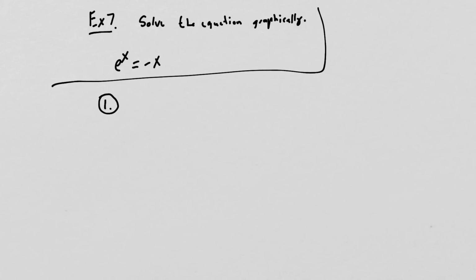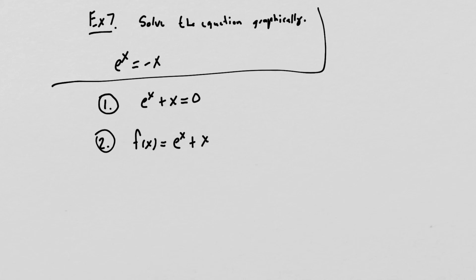We can rewrite this equation as e to the x plus x is equal to 0. Then let's set the left-hand side equal to a function, f of x is equal to e to the x plus x.